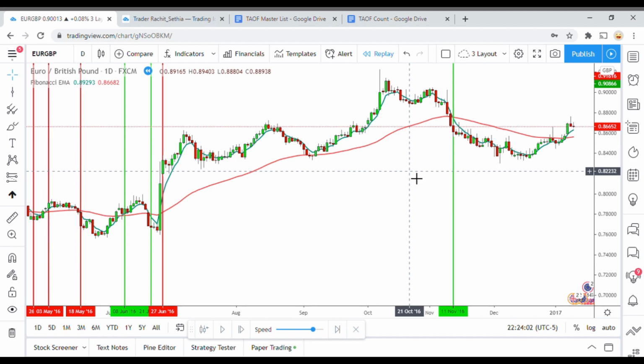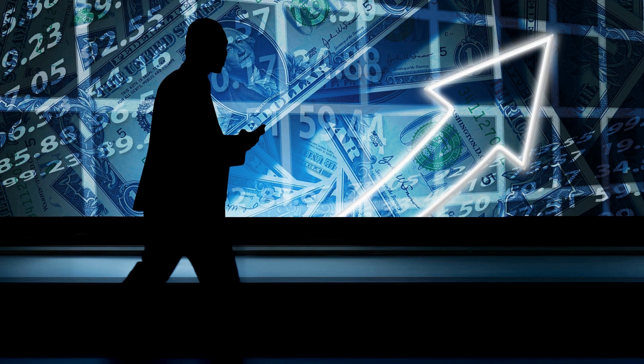And so all in all, like I said, it's just not the best way to trade. And so yeah, at this point, this one's going to go on the no list, and we're going to go ahead and move on to the next indicator from here.